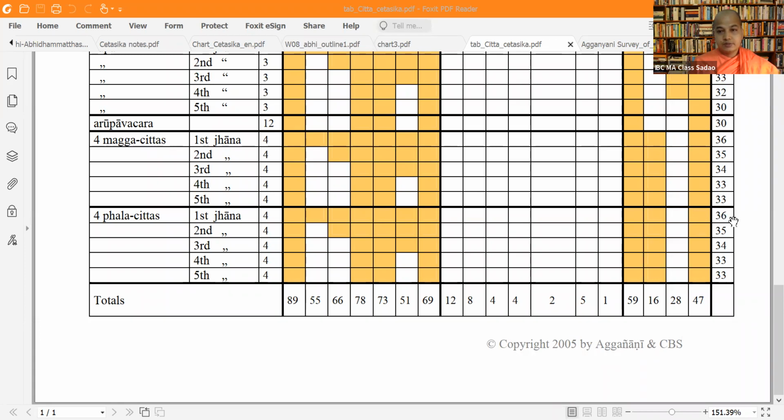Similar to the previous section, because Vitakka is absent, 35. Vitakka and Vichara absent, 34. Vitakka, Vichara, and Piti absent, so 33 and 33. So this is one presentation of the combination of chitta and chaitasika.